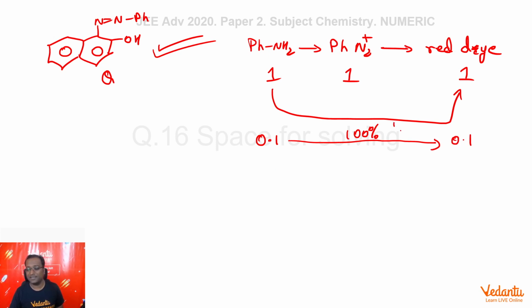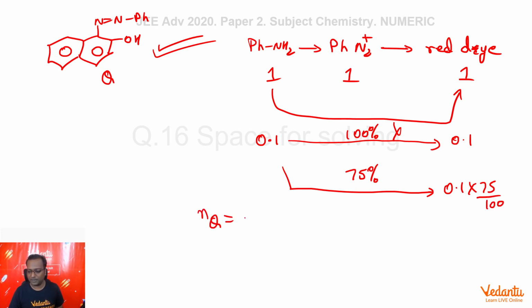But we know that this is not 100%. The yield given is 75%. So how much product will be formed? 75% of the reactant. So the number of moles of Q formed is 0.1 into 75 by 100.